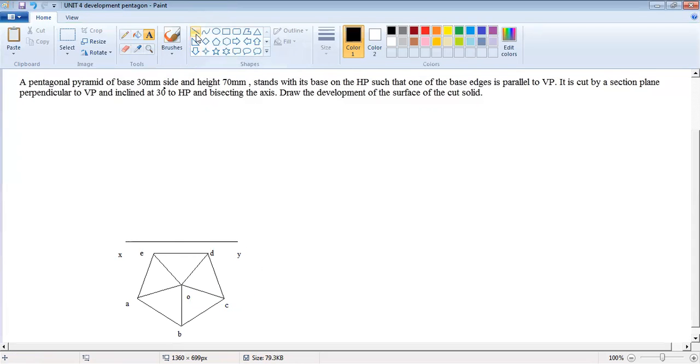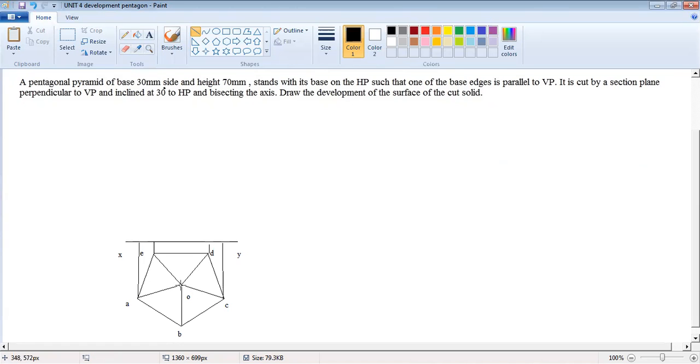So extend or project all the corners to the front view, up to the XY line, like this.